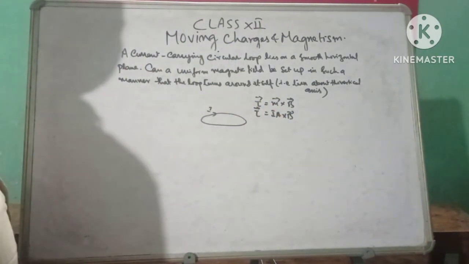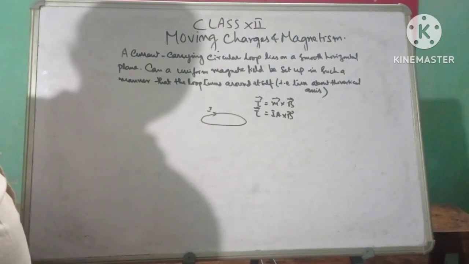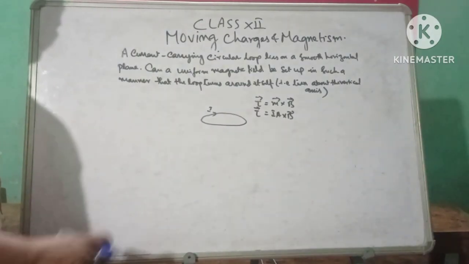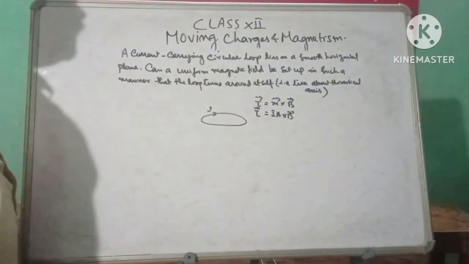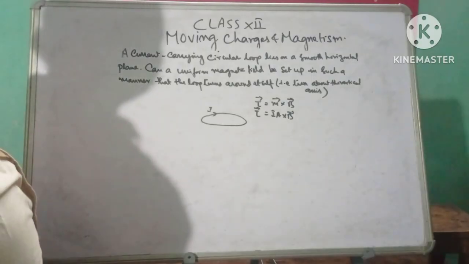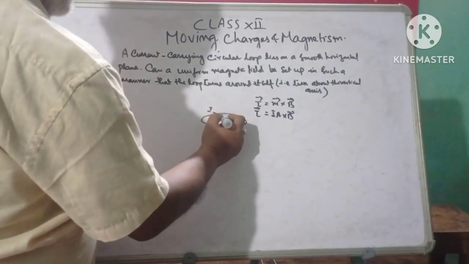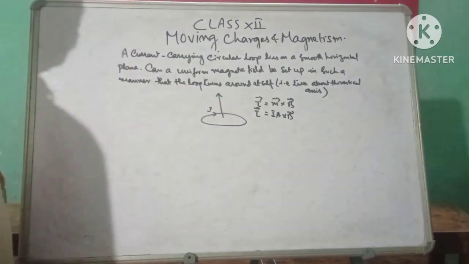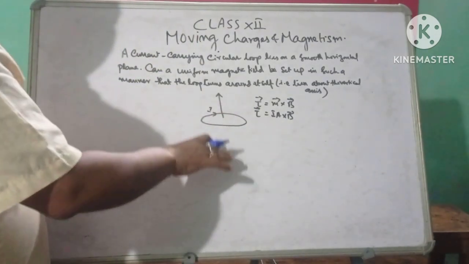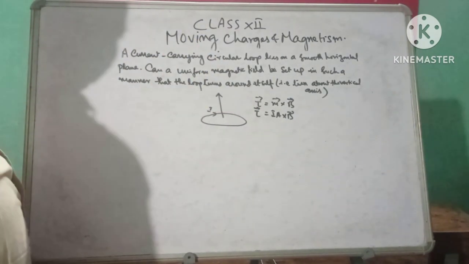So now here you see what happens. Again, the case becomes three-dimensional, because we know that the area vector's direction is perpendicular to the plane. That means it is perpendicular to the horizontal direction.